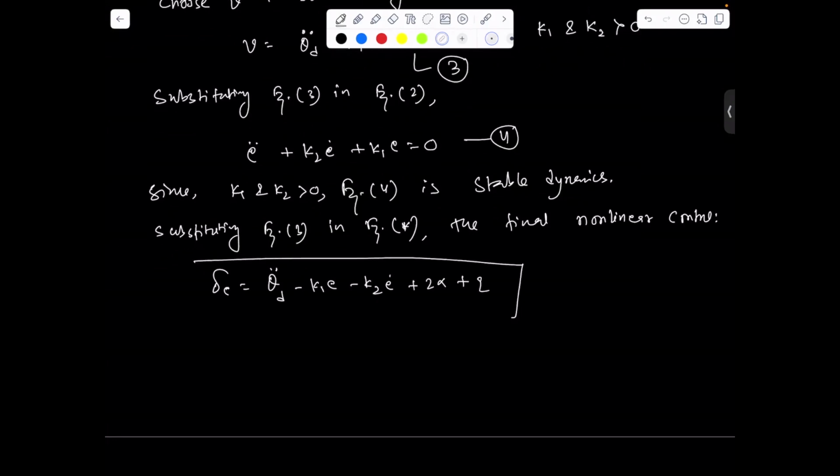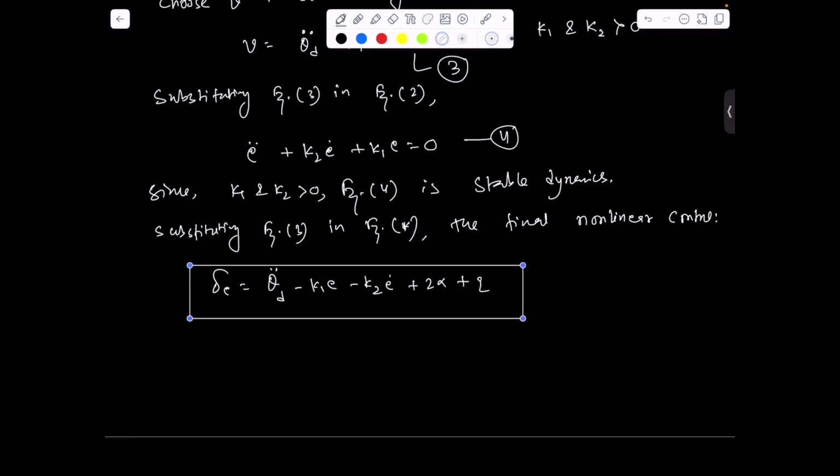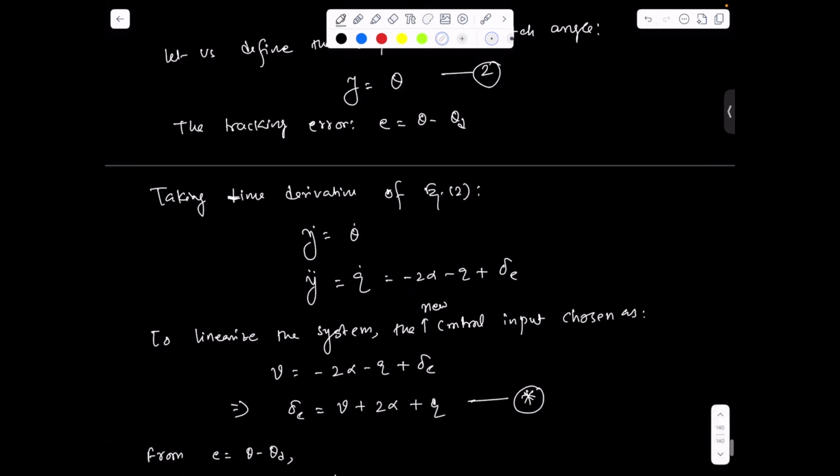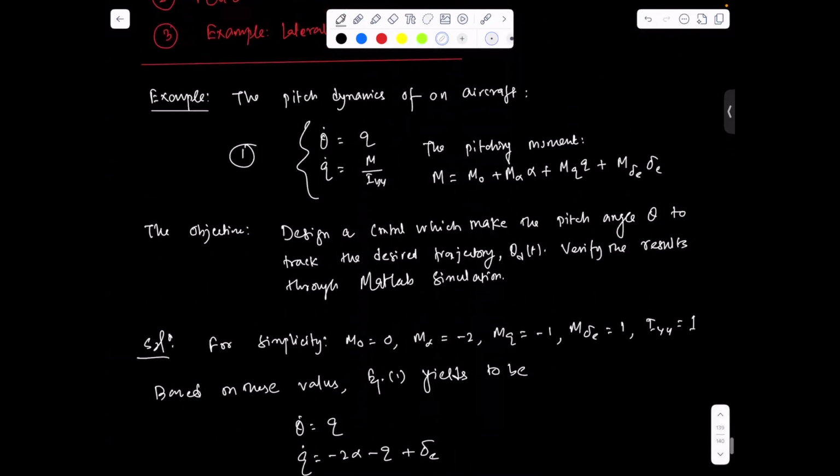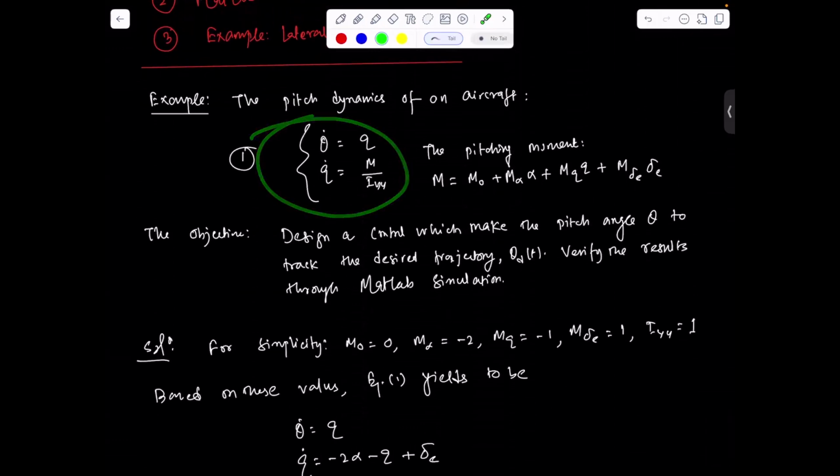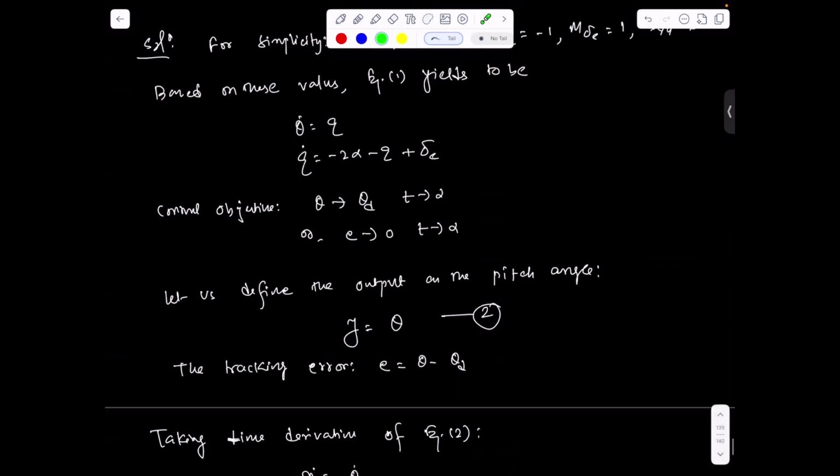So this is our overall control for this system. Let this be equation 5. So equation 5 is going to stabilize the system defined by equation 1, our main system, and this control is going to track theta d as time proceeds.